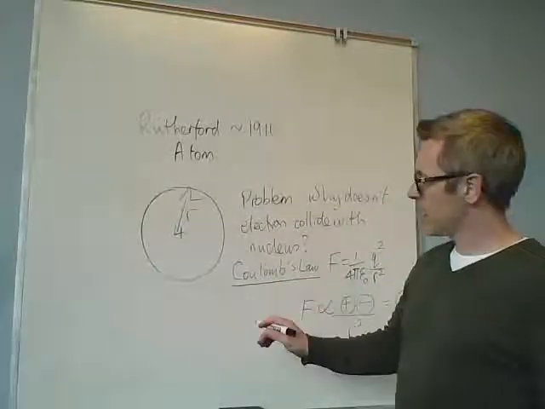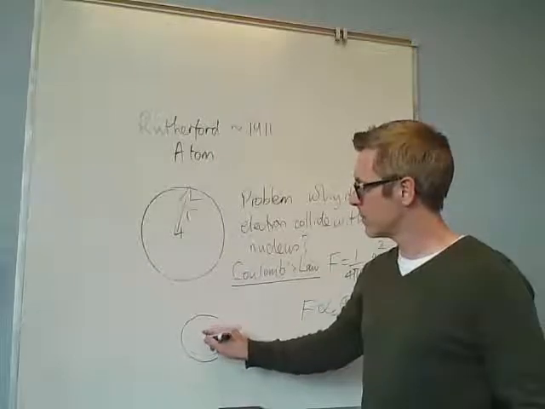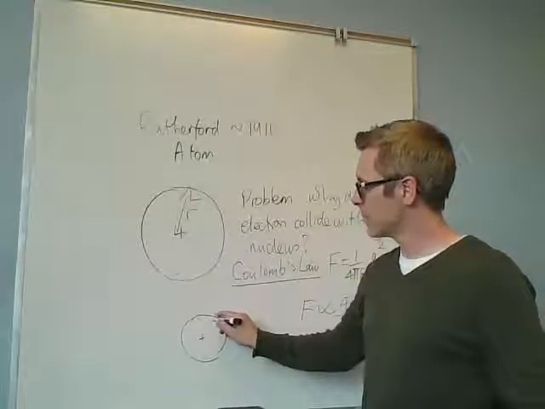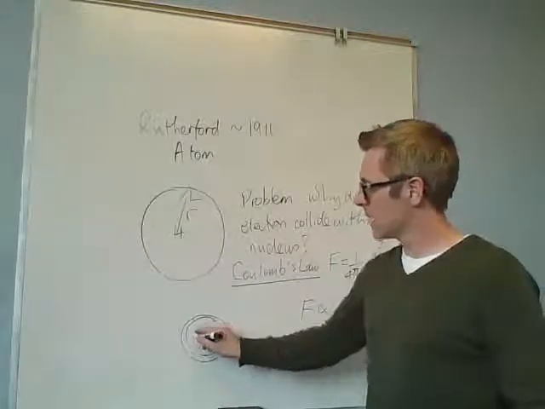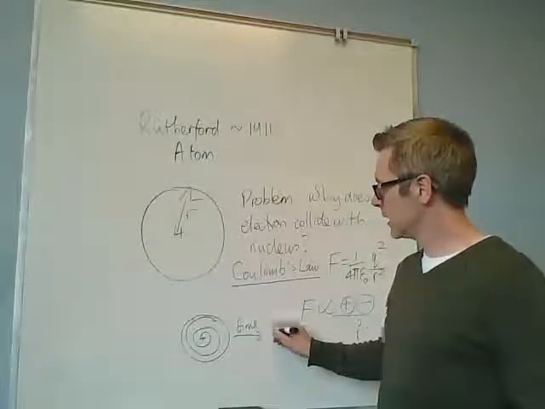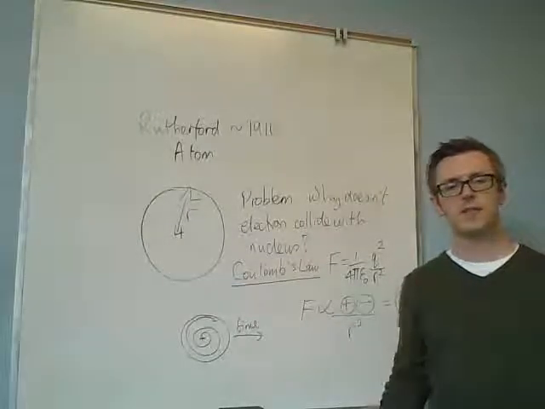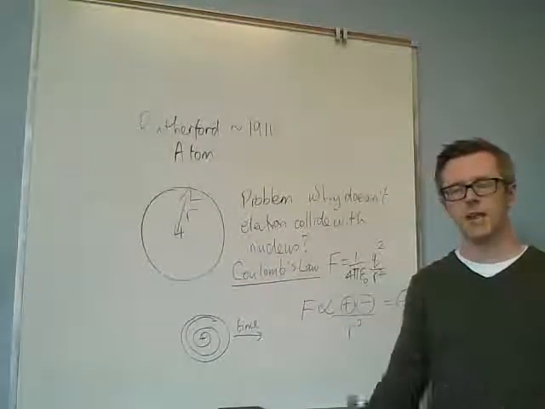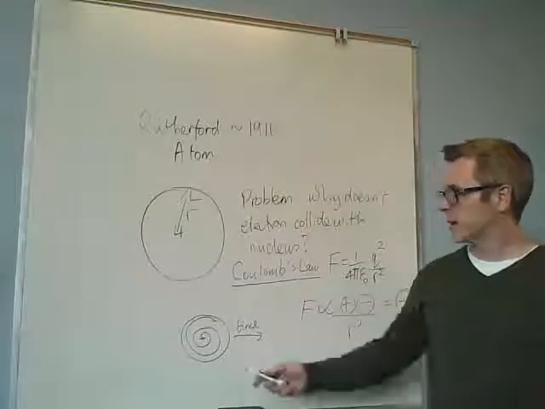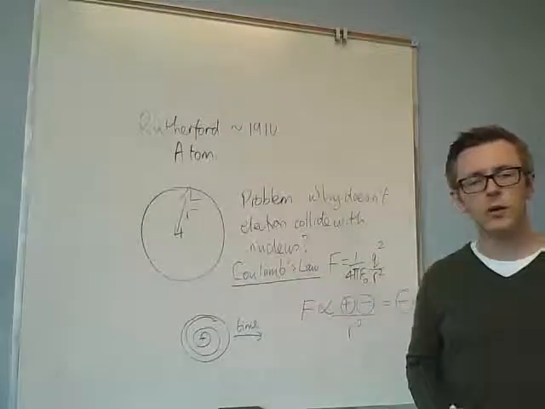So what that tells us is that if you take the Rutherford atom, over time, the negatively charged electron should collide with the nucleus, and you would have a zero-sized atom. So an analogy to think here would be water going down a plug hole.